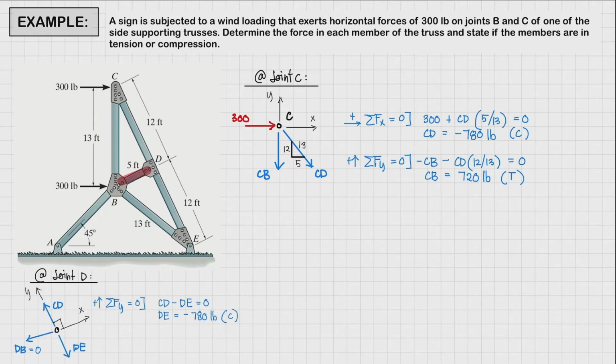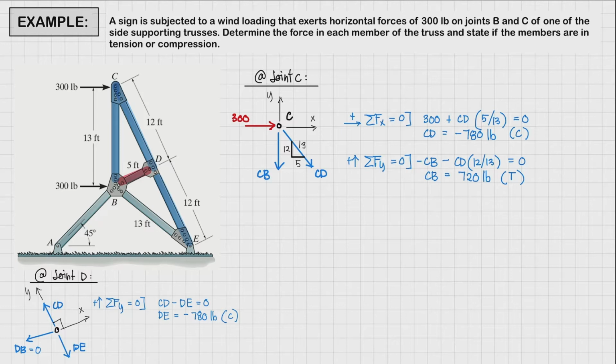So I just rearranged our solution so that I would have more space. And continuing, so let's check first. We have already solved CD, we have already solved CB, and DE, right?